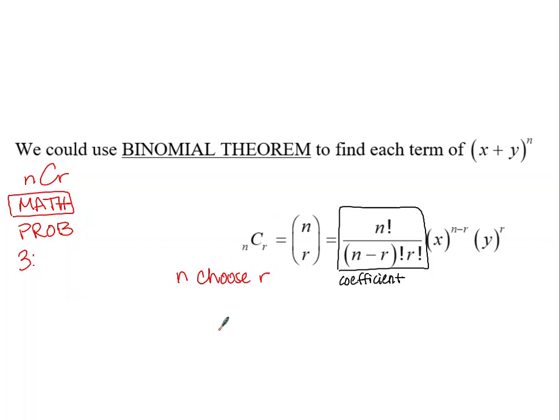It is important to note that this r here in the combination is one less than the term you want. So for example, if you want the third term of the polynomial, r would be 2.